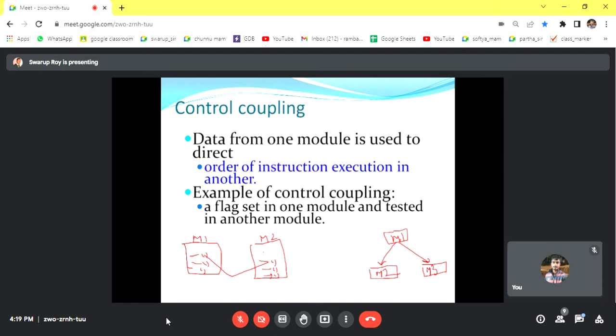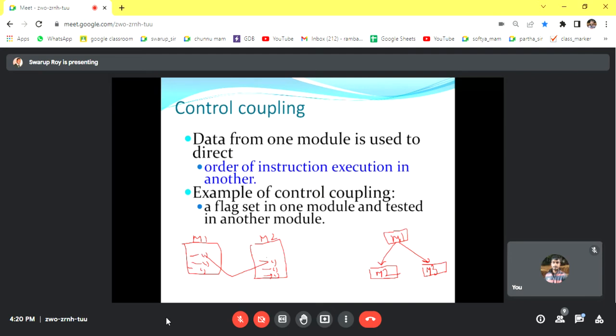Now in case of control coupling, let us assume that you are using a prime number check from one module. M1 needs a prime number check, and only then will it work, but M1 doesn't have the function. So it will take that value and call the function from M2, where there is a function called is prime.